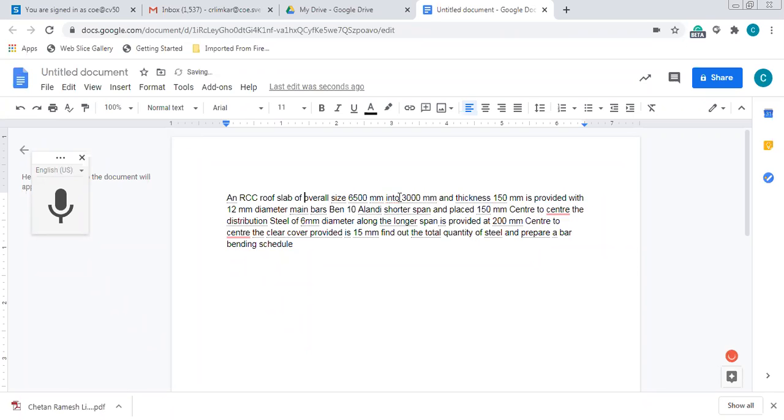Overall size 6500 mm by 3000 mm and thickness is 150 mm, provided with 12 mm diameter main bars, bent up alternatively.